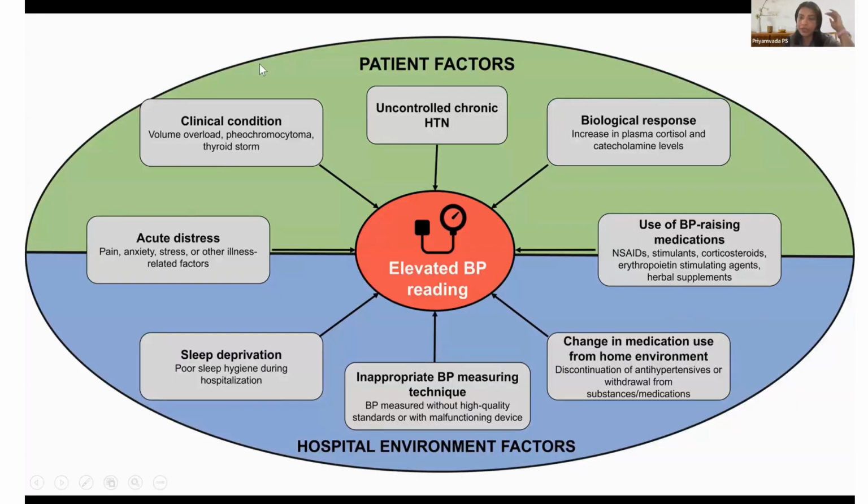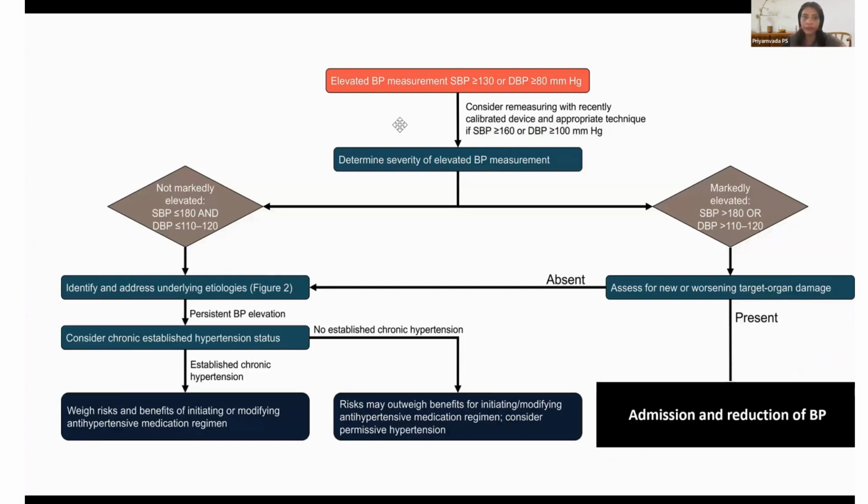So now when such a patient comes to you, if the systolic blood pressure is less than 180 and diastolic blood pressure is less than 110 to 120, we have to see, for example, somebody comes with severe pain and the blood pressure is elevated. Sometimes giving a medication for pain relief will actually bring down the blood pressure. So see whether there is any cause which is contributing to the blood pressure.